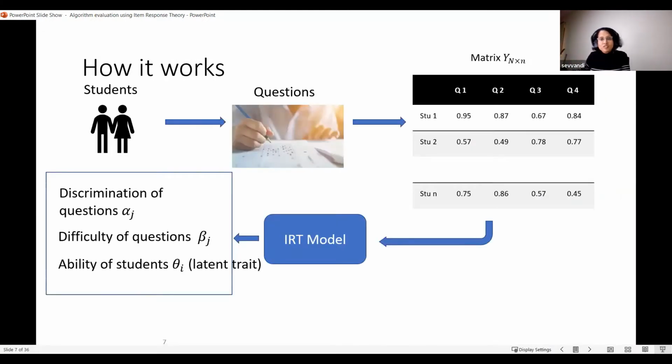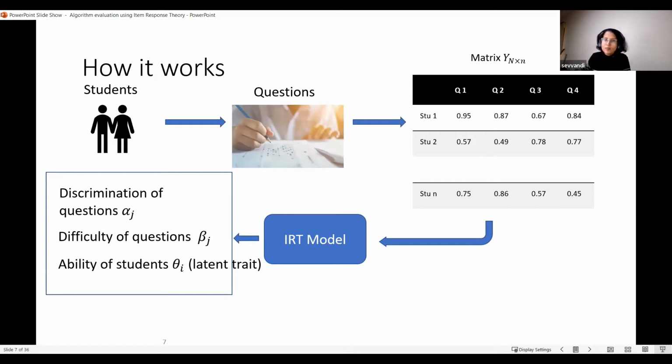So how it generally works is, you've got lots of students and they do these tests. It can be any kind of test, multiple choice or long answers where you grade the test. But the input to the IRT model is a matrix like this. You've got the questions and the students, and the matrix contains the marks that the students get for those questions.